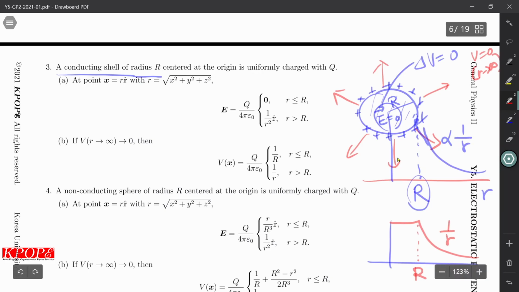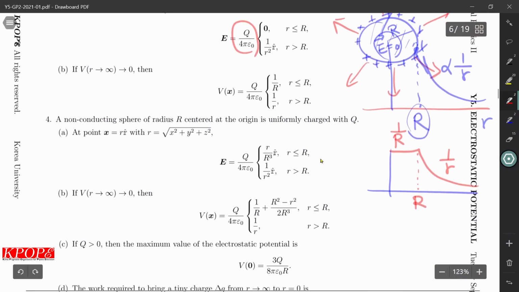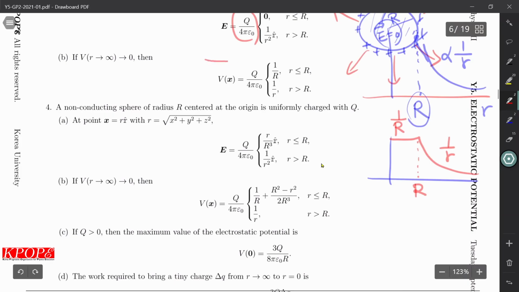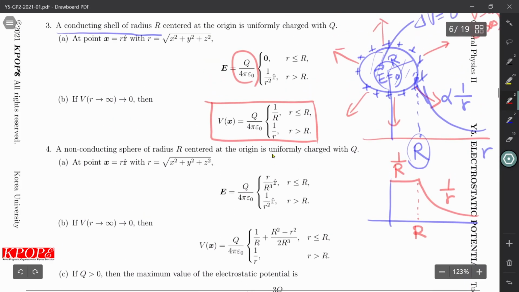Proportional to 1 over r, and it is fixed to 1 over capital R. Therefore the result for the electrostatic potential, depending on the radius r, is given like that.